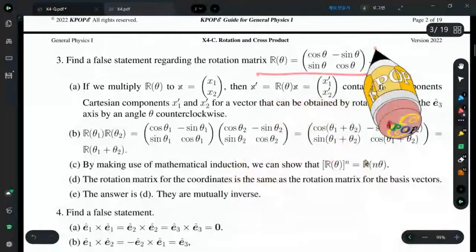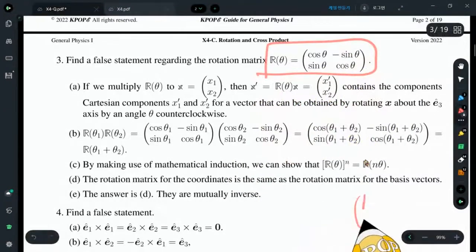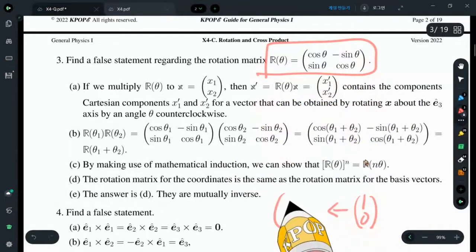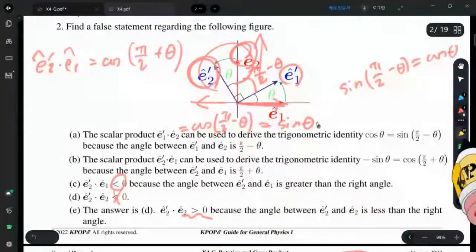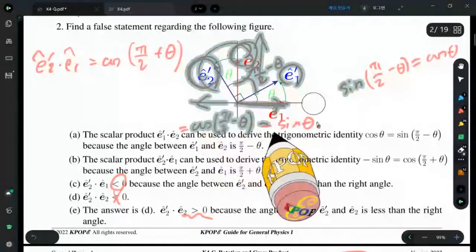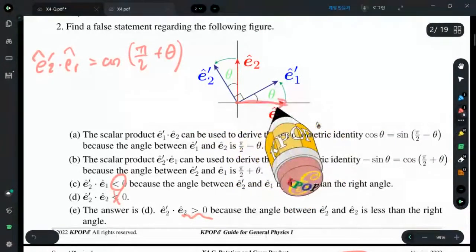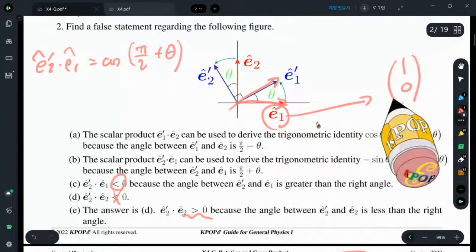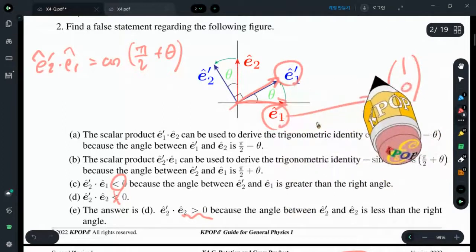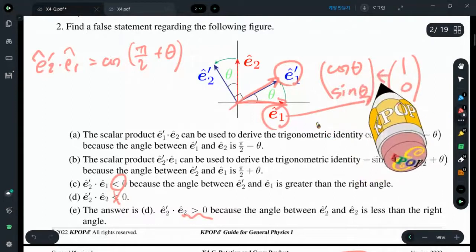This is a rotation matrix. Rotation matrix simply transforms this one into cosine, sine. You remember. Transform this unit vector along the x-axis into here. So this one used to be 1, 0, but after rotation, it becomes cosine theta, sine theta, right?